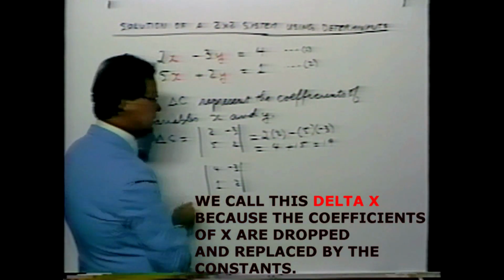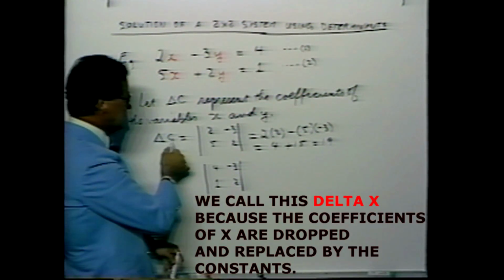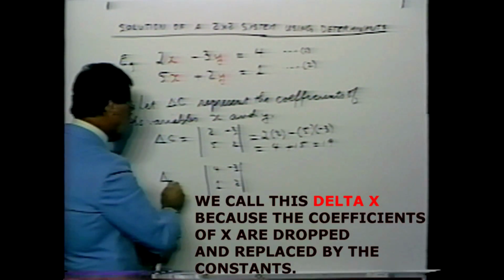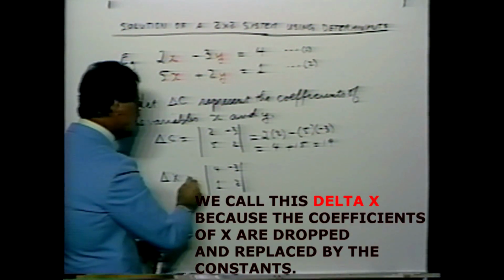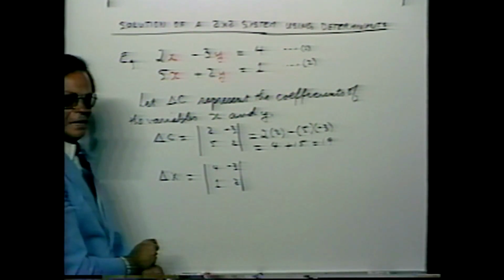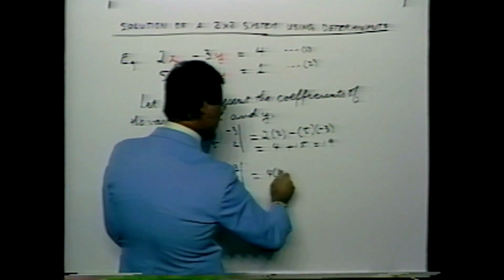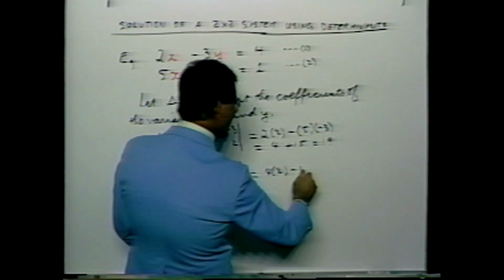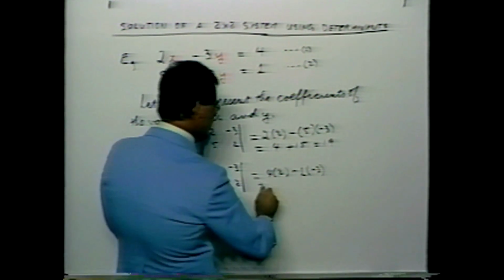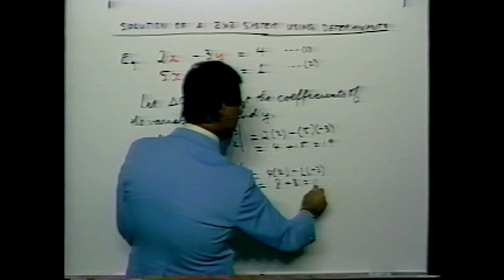That's all that we do: take out the x column of numbers out of delta C and replace it with the constants. I will call this delta x because it was the x column that I took out from delta C. This has a value since it's a determinant, and its value is 4 times 2 minus 1 times minus 3. This is equal to 8 plus 3, which is 11.